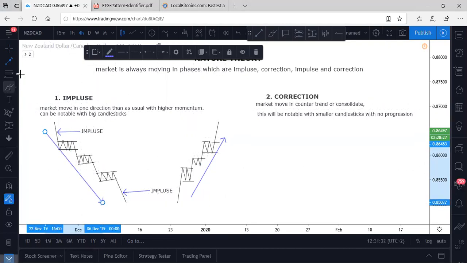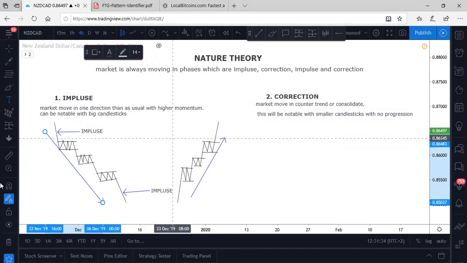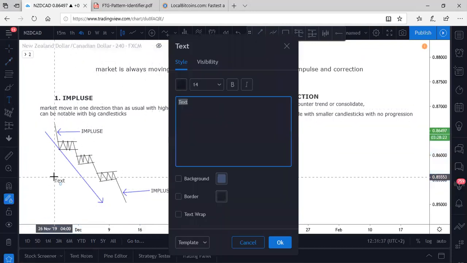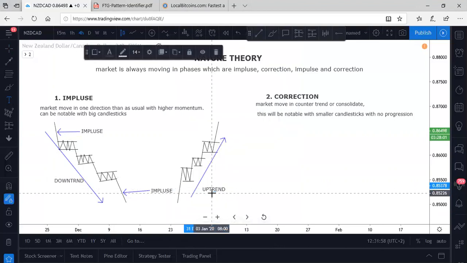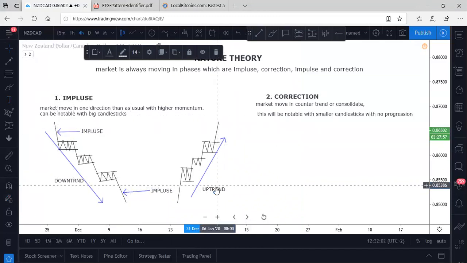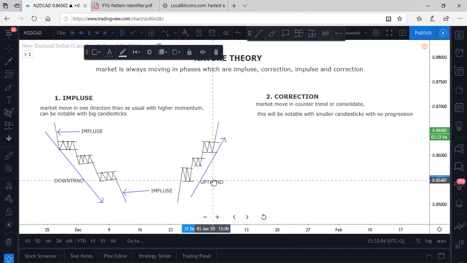For uptrend and downtrend, this will be downtrend, and this is uptrend. Make it simple, guys. Things are easy. Just make it simple and clear.